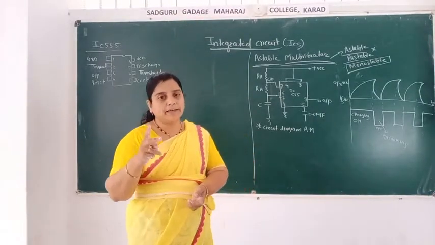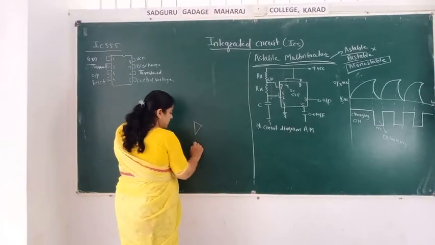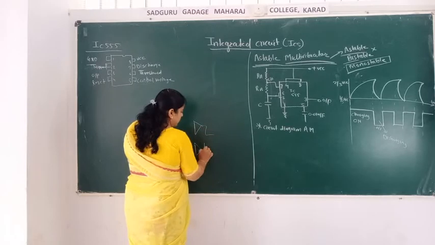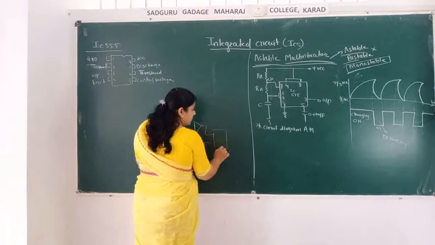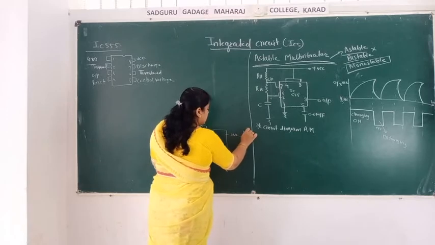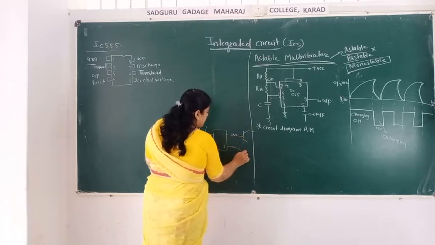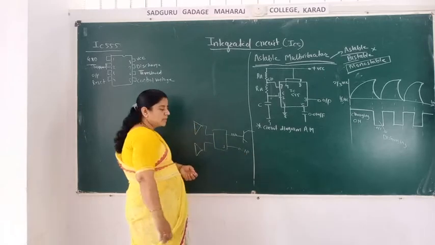There are two comparators, isn't it? We have seen the upper comparator and the lower comparator, and this is connected with the flip-flop, and the flip-flop has the resistor, and this is connected with the transistor, and at pin number 3 we are getting the output here, isn't it?